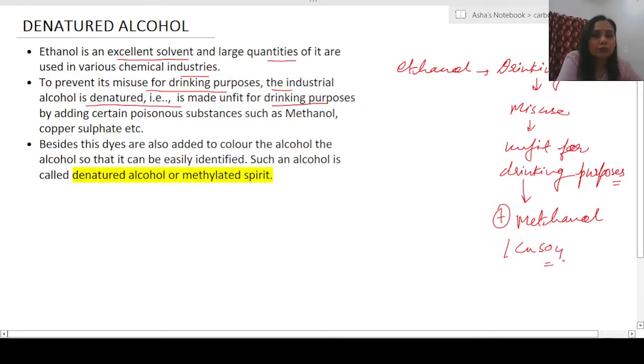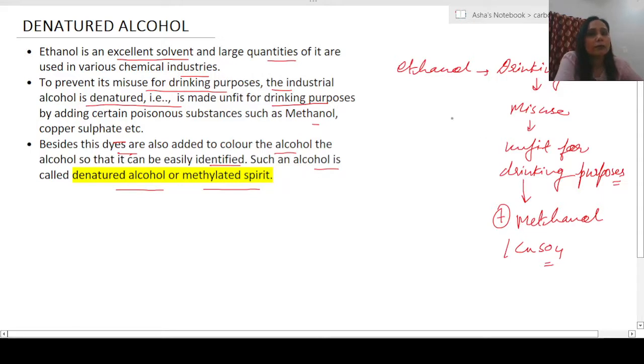The copper sulfate makes it unfit for drinking, and it also helps in identification because it imparts a light blue color to it. Apart from methanol and copper sulfate, there are certain dyes also which are added to color the alcohol so that it can be easily identified. Such alcohol is called denatured alcohol or methylated spirit.